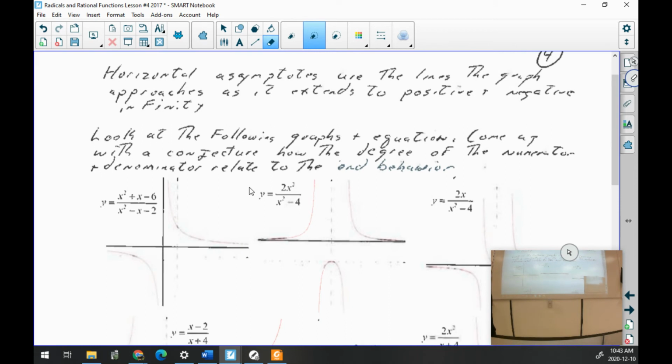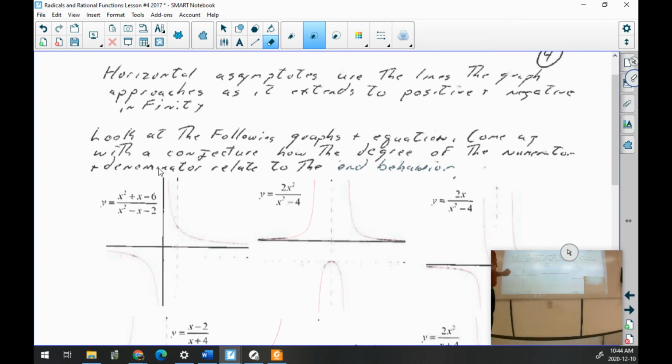Now let's talk about horizontal asymptotes. Okay. So horizontal asymptotes, these are the lines. Vertical asymptotes are the lines that get closer and closer but do not touch vertically. Horizontal asymptotes are the same thing. As we extend the graph out to infinity, what happens?